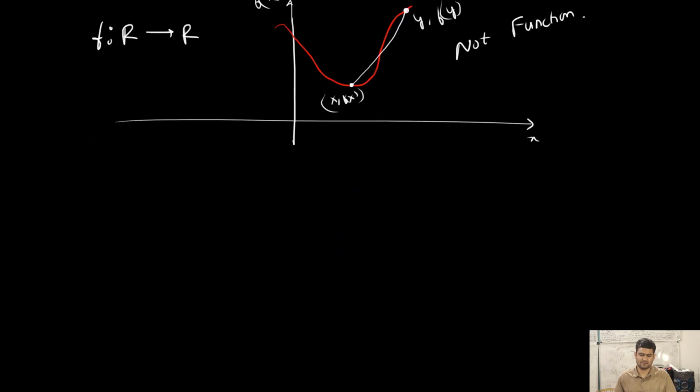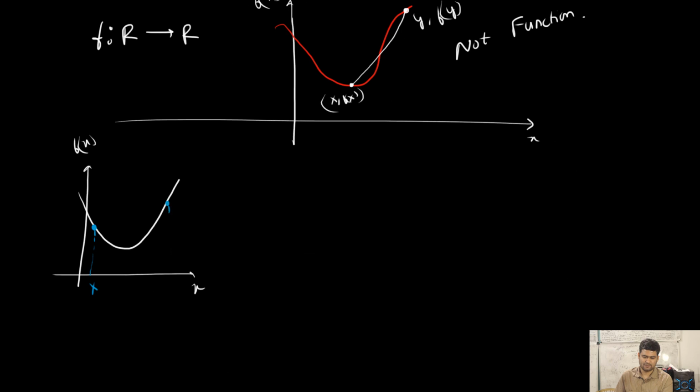Whereas, let's take another example. If this is our f of x, then if we select any point x and any point y, and draw a chord between the 2 points, y comma f of y and x comma f of x, the chord should either remain above the function or be exactly equal to the function, but cannot cut the function.